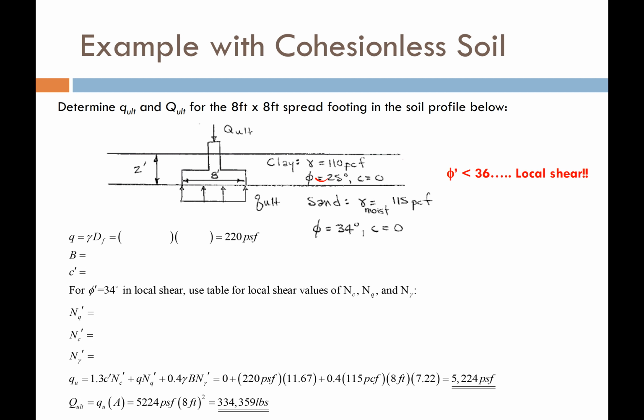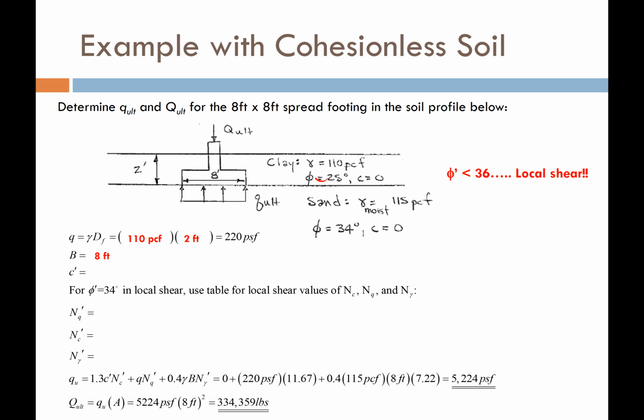So that's going to equal the unit weight of the clay times the depth of the footing, which is 110 pounds per cubic foot because that was given to us, and the depth of the footing is 2 feet because that was also given to us. So that means that my surcharge is 220 pounds per square foot. The width of my footing is also given to us. That's B, and that's going to be equal to 8 feet.